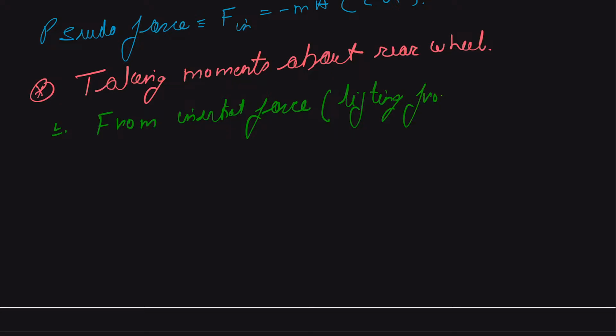And this inertial force will be ma multiplied by h, and it is going to have a positive sign. Okay, positive, which is going to try to lift the car, and negative when it is going to keep the car down.